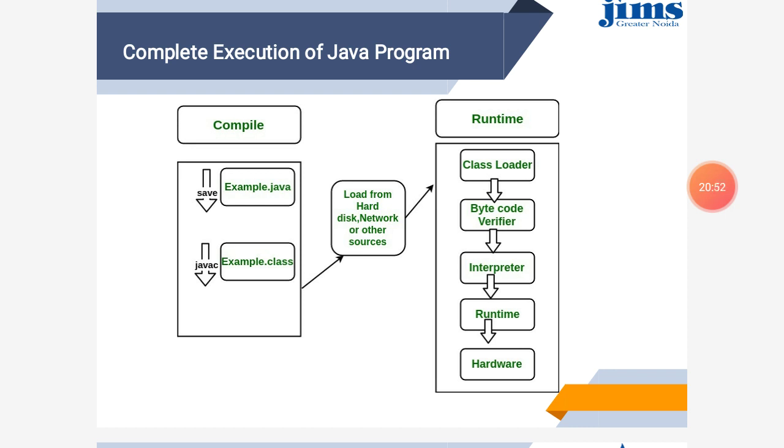Then you load it from hard disk or from any network, or you can send your bytecode through the internet to any other place, but at that place you need a runtime environment, and at that time your JRE and JVM work and you get output.